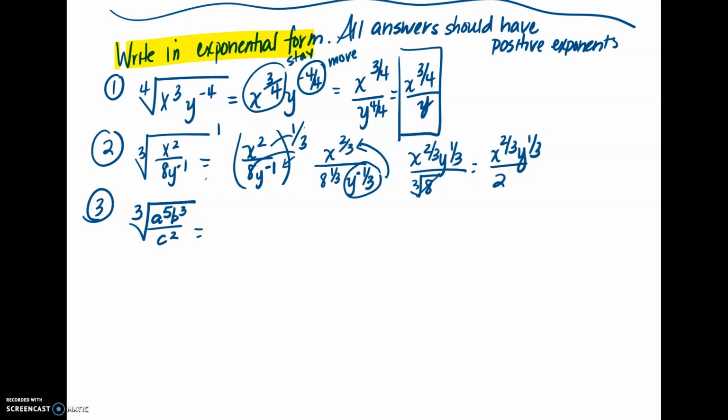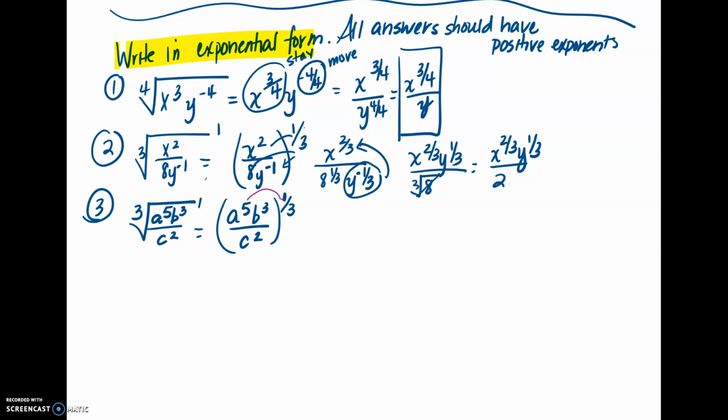Okay, to take this out of radical form, we're going to convert this into an exponent. So we still have a to the fifth, b to the third divided by c squared. But remember, this is really to the first power, which is the numerator. The root is the denominator. So it's all to the 1/3 power.